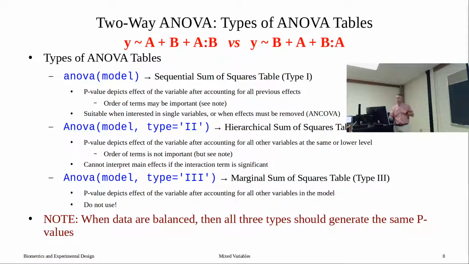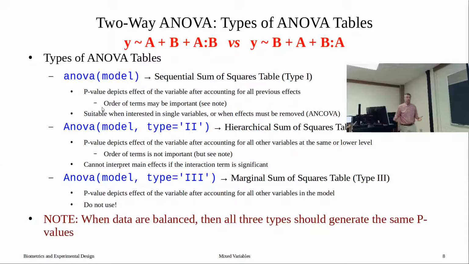And then it goes to the third term and calculates its effect, its p-value, after we've accounted for the previous two terms and so forth. So what we could do with the sequential sum of squares is change the order of our variables and get different p-values. All right? And we'll come back to that idea.